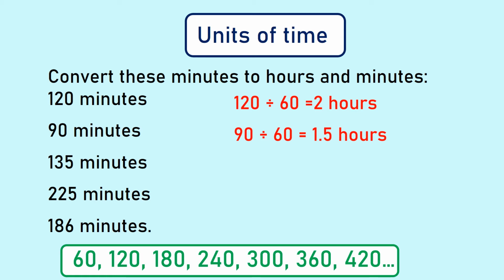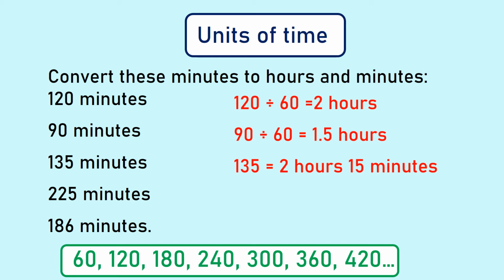So we're going to look for the multiple of 60 just before the number of minutes that we're looking at. So 135 minutes, you can see that 180, which is 3 hours, is too big, but 120 is 2 hours. And then we've got an extra 15 minutes on top of that, which is 2 hours, 15 minutes.